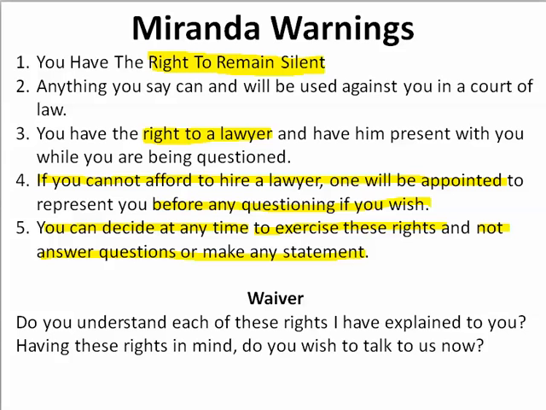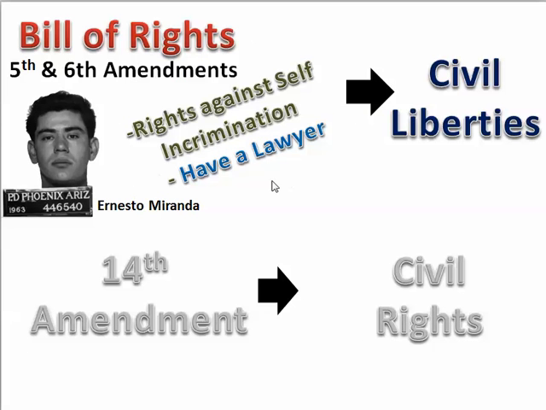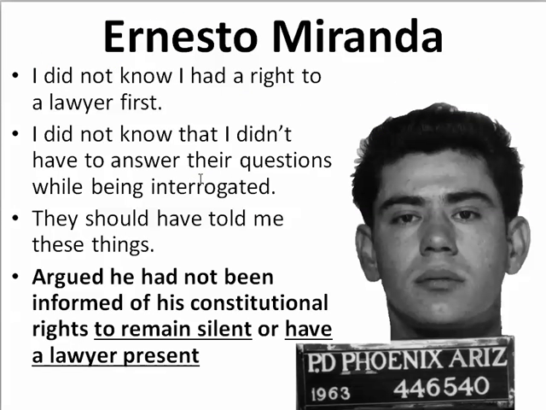So Ernesto Miranda, he gets his individual rights protected by the court. Actually, he's sent back to a retrial. He's actually found guilty without his confession that he gave to the police while being interrogated.